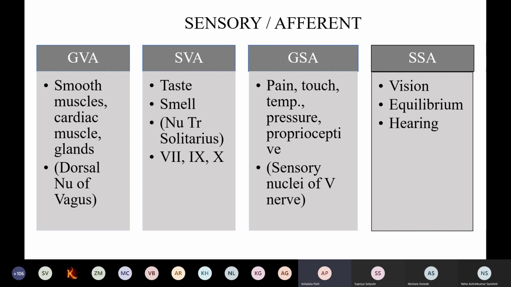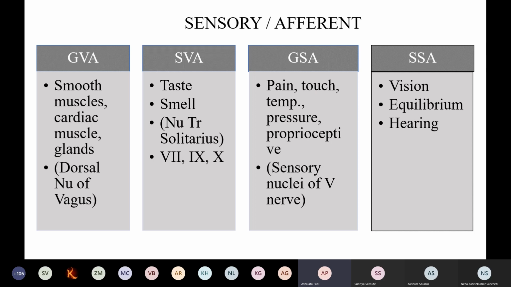General somatic afferent, all these sensations from the face area, they are relayed into the sensory nuclei of the trigeminal nerve. There are 3 sensory nuclei. One is spinal nucleus situated in the medulla, principal sensory nucleus situated in the pons, and mesencephalic nucleus of trigeminal nerve. And there is only one motor nucleus that is giving fibers to the mandibular nerve.